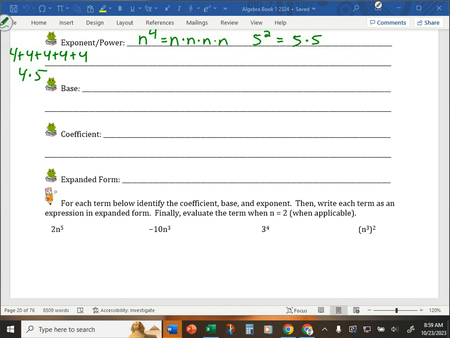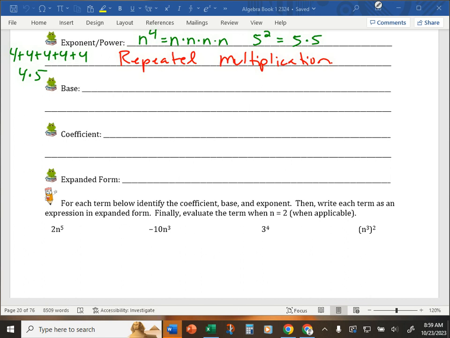Exponents are just another way to write repeated multiplication. Rather than writing out n times n times n times n, it's n to the fourth. Rather than writing out 5 times 5, it's 5 squared. So at its core, what an exponent or a power does, and this is the definition I want to leave you with, it's repeated multiplication.